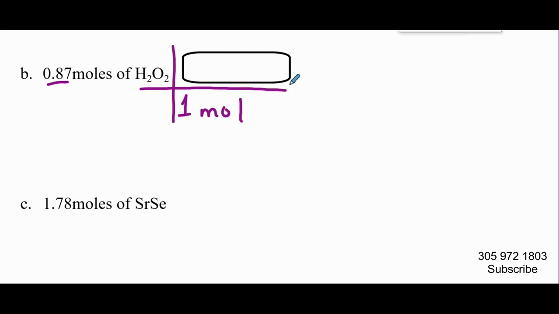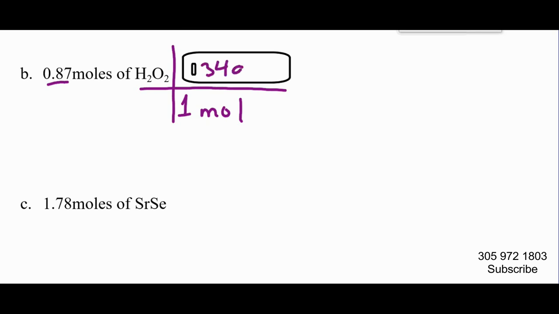You need to go to your tables, find the mass of H, which I know is 1, and the mass of O, which I know is 16. So you have 16 times 2 and 1 times 2. Therefore, the molar mass of H2O2 is 34. 34 is the molar mass of H2O2.